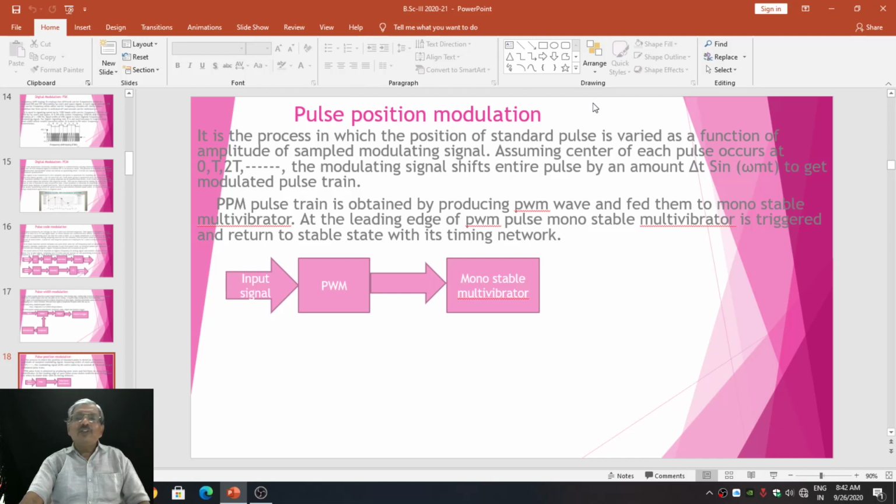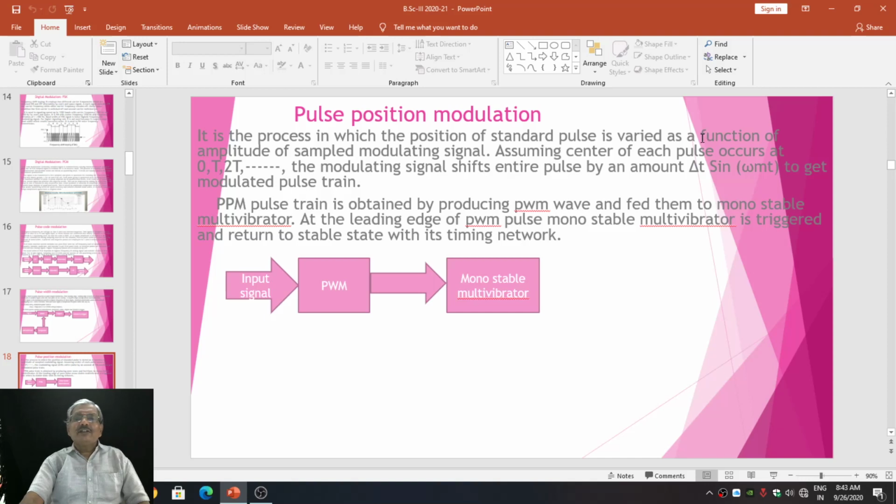Pulse position modulation is the process in which the position of the standard pulse is varied as a function of amplitude of the sampled modulating signal. Here the signal is sampled. The quantizing levels are going to be managed.